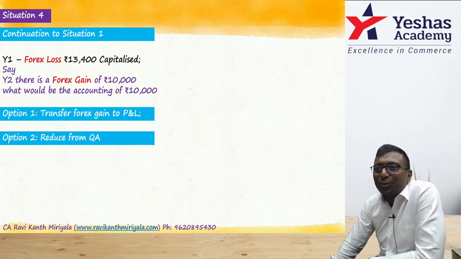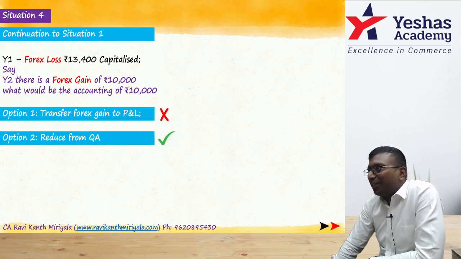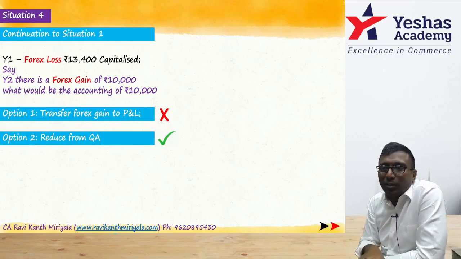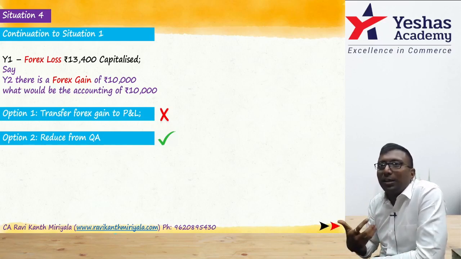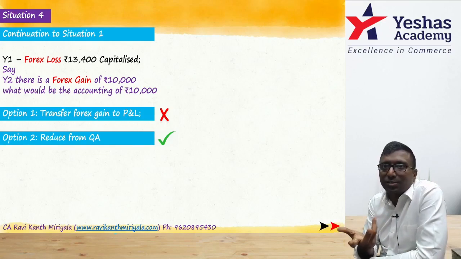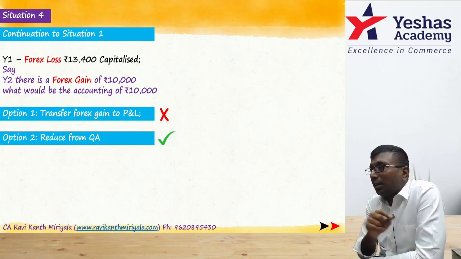You should adjust it with QA, maximum to the extent you have already capitalized. Because last year 13,400 loss हो गया, you capitalized it. 10,000 gain आ गया, correct ना? That means actually you lost 3,400 ना? Real loss to you from the foreign exchange. Real loss is only 3,400.